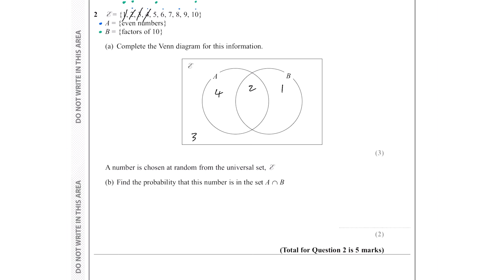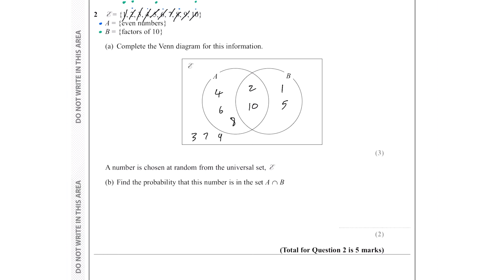The 5 will appear only in here. The 6 will appear only in here. The 7 appears outside. So does the 9. That leaves us with 8 here and a 10 here as well. So just work through them, cross them all off. So that is what we're left with.